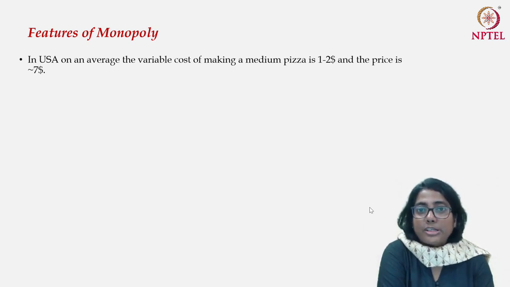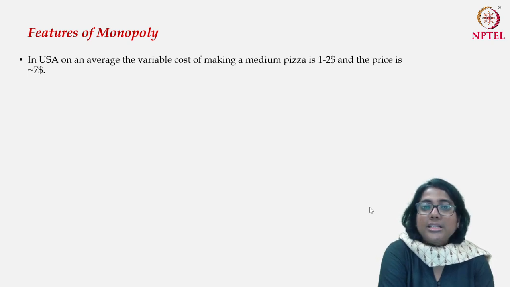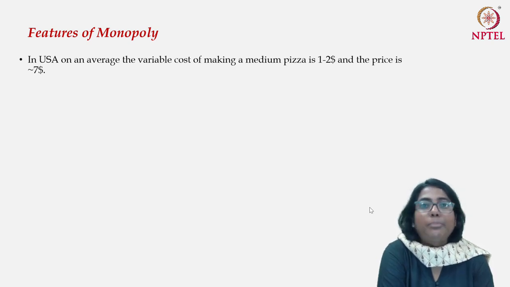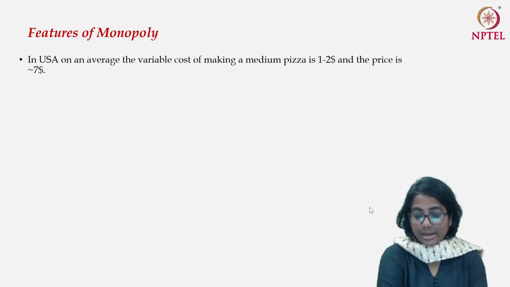That was the characteristic of the perfectly competitive market. Here you see the price charged by the monopolist is actually higher than the marginal cost. This is the first point of departure from the perfectly competitive market outcome. However, in future we will see that this does not mean that the monopolist is not actually maximizing profit.